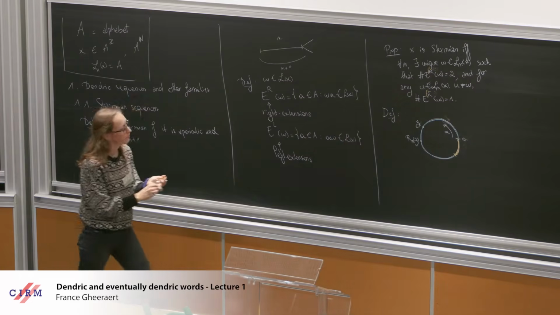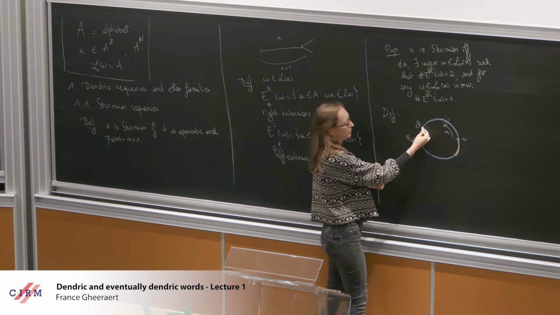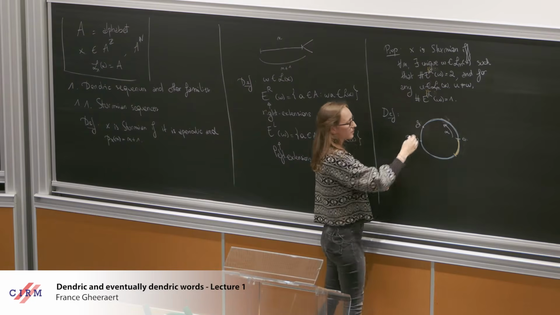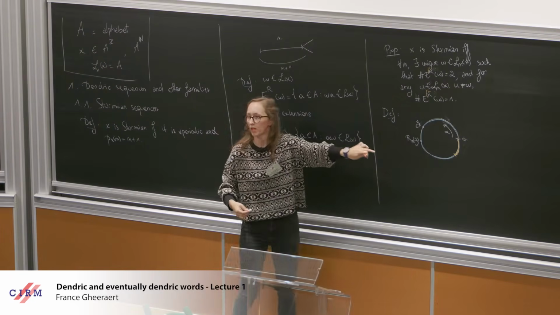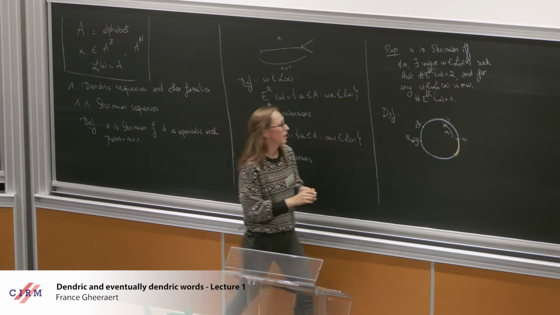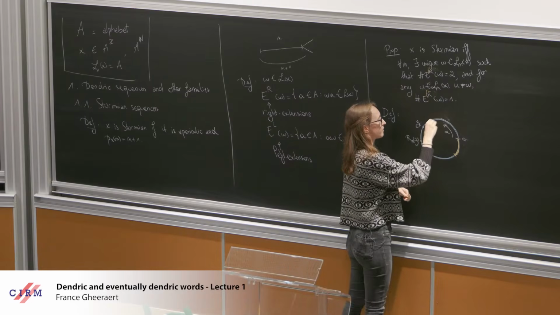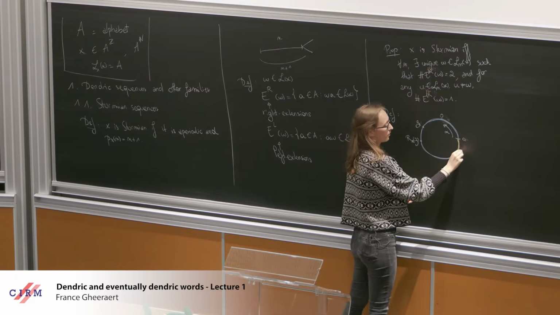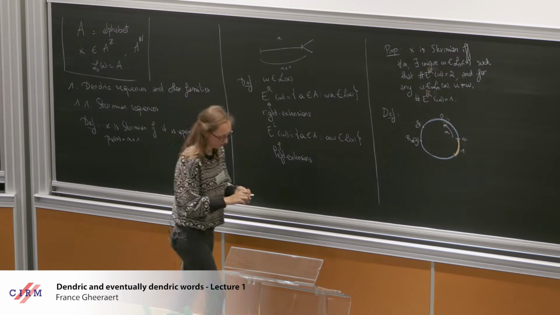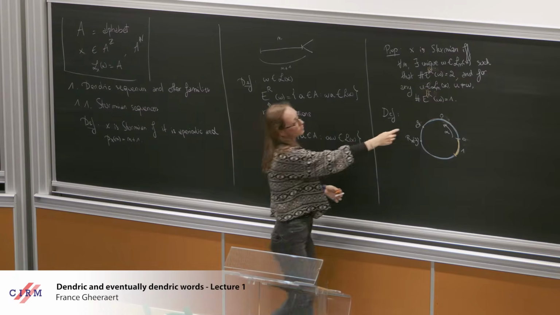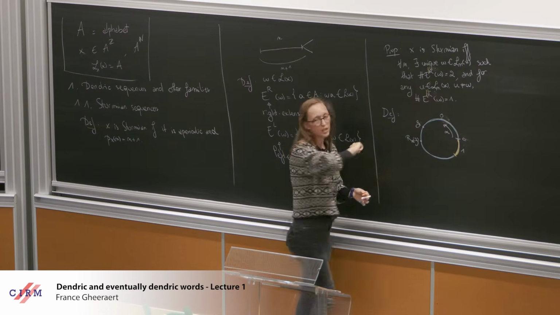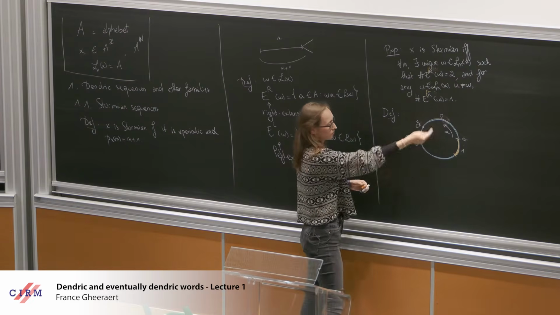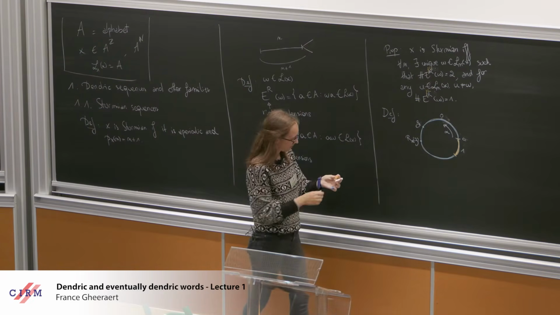And now what you want to remember is, I take my point z and then I apply this rotation, and sometimes it will end up in the blue part and sometimes in the orange part. I'll say, for example, that if it ends up in the blue part, I will encode that by a 0, and if it ends up in the orange part, it's a 1. So to my point z, I can associate a sequence. Actually, it's a two-sided sequence, but I can also reverse my transformation.